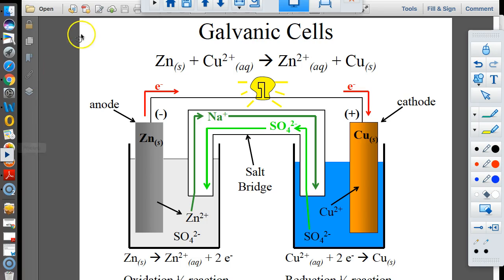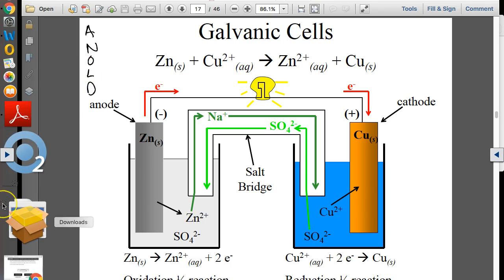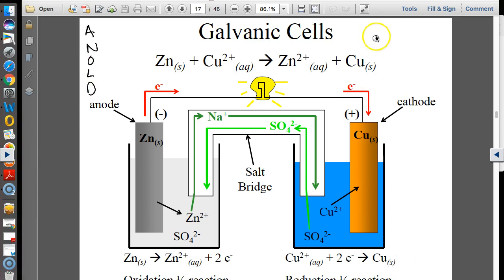So I have the anode. It gets negative ions from the salt bridge.